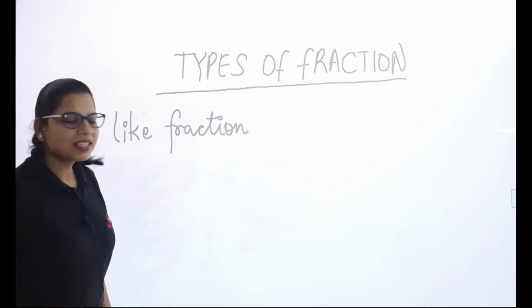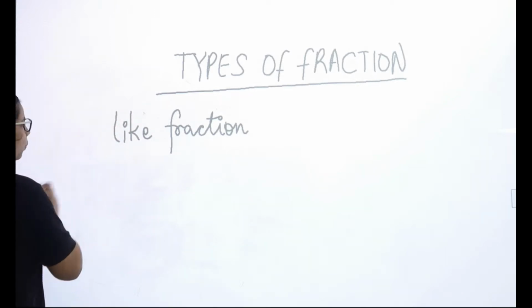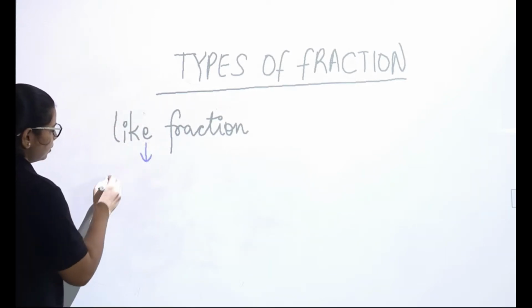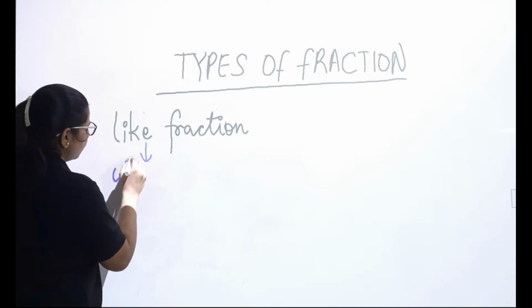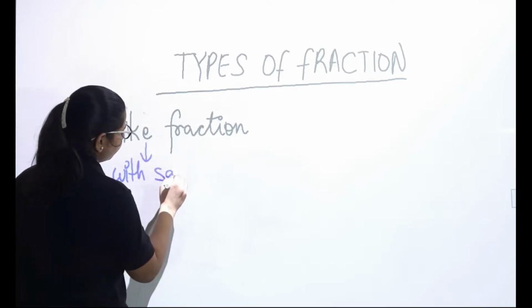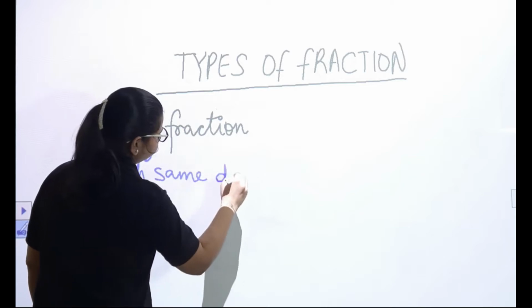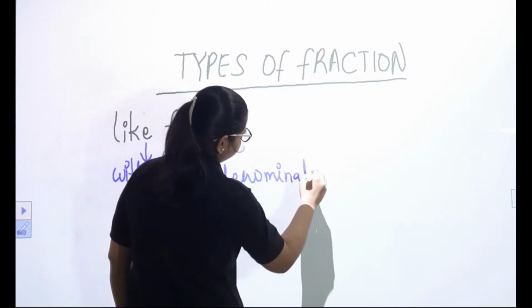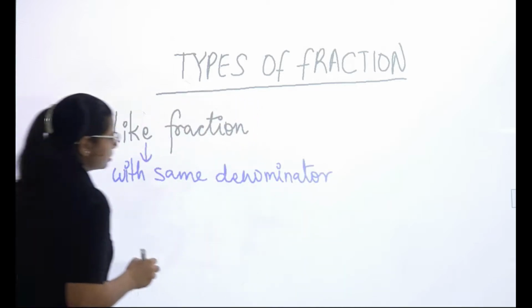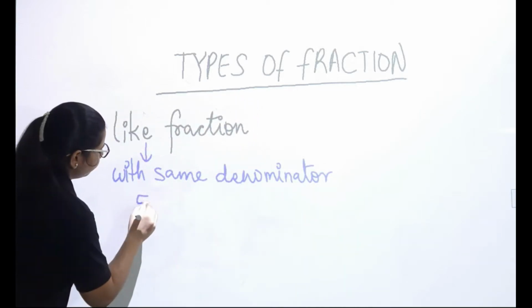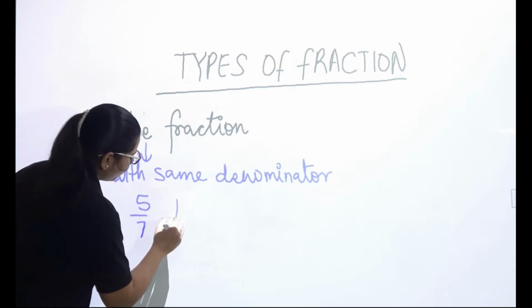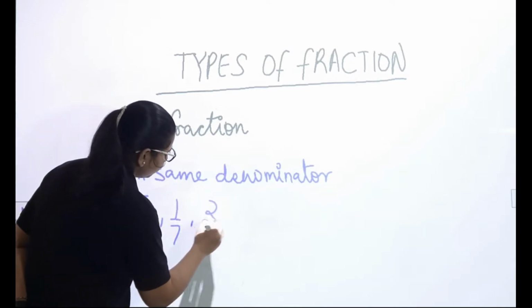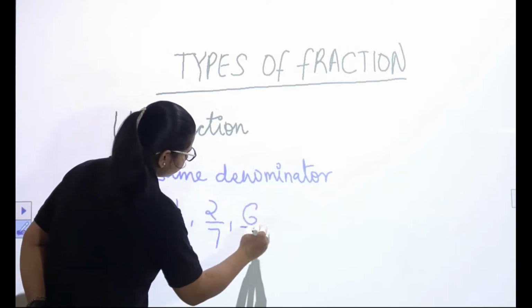What are like fractions? Fractions with the same denominator are like fractions. Let's say for example 5 upon 7, 1 upon 7, 2 upon 7, 6 upon 7.